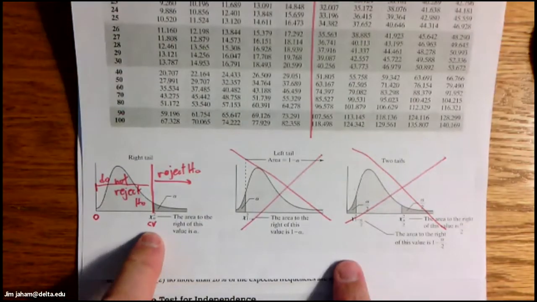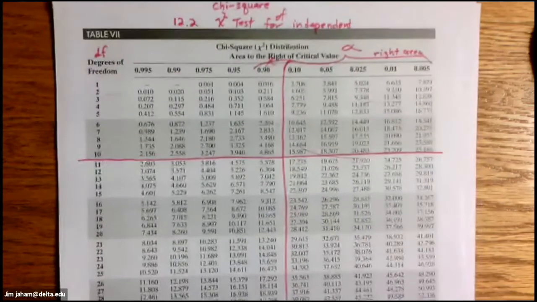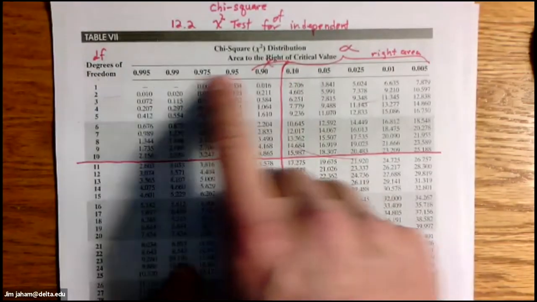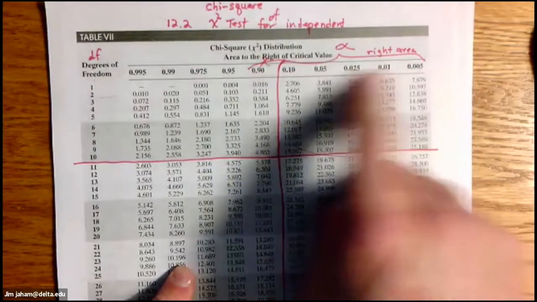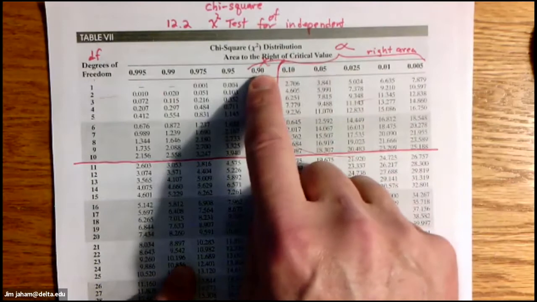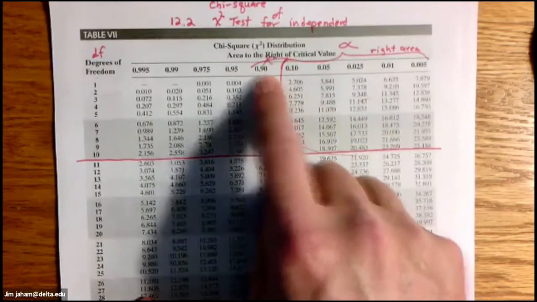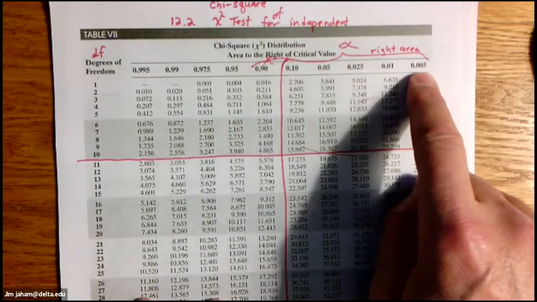Now these critical values that you get will be on this table here. However, these right areas, we're only going to select small right areas. Now we don't want the right area to be 90% chance of making a type 1 error. We want the probability of making an error, our alpha, to be relatively small.